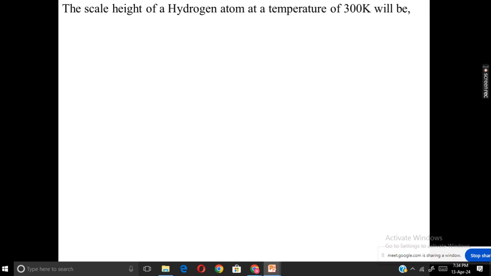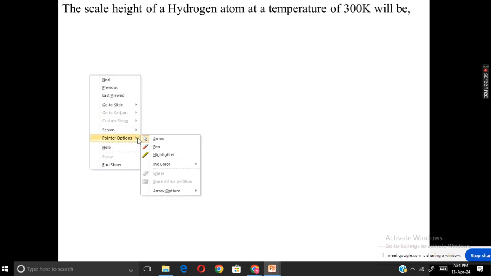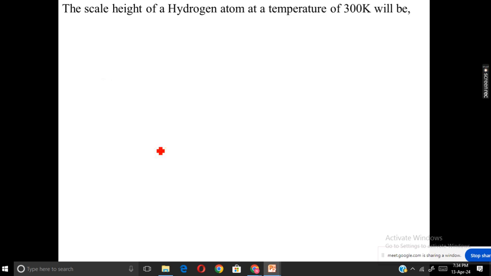The question is, the scale height of a hydrogen atom at a temperature of 300 Kelvin will be. So basically we want to find the scale height of a hydrogen atom. Scale height is basically H, which is given by RT by g at a temperature of 300 Kelvin.